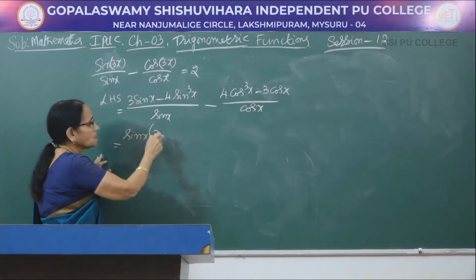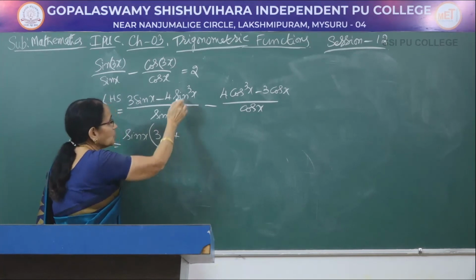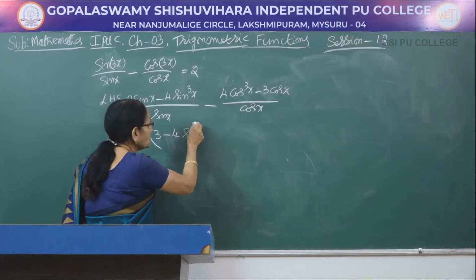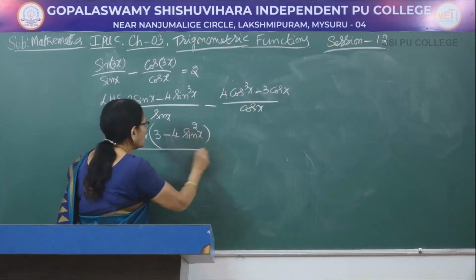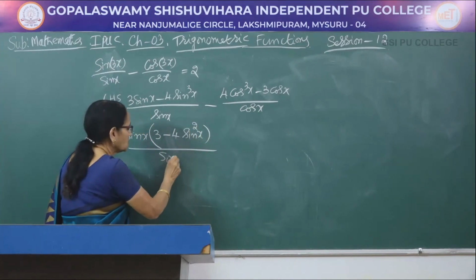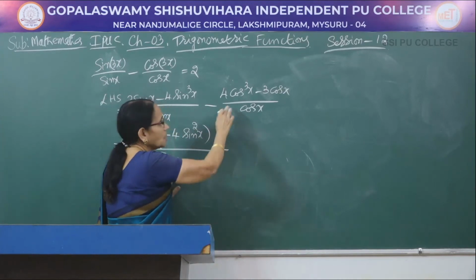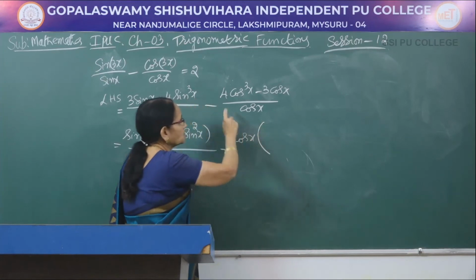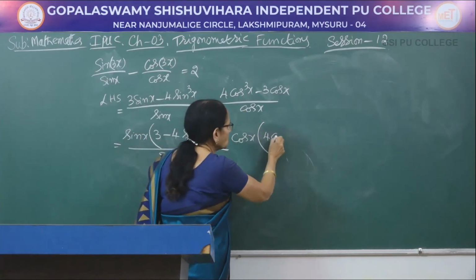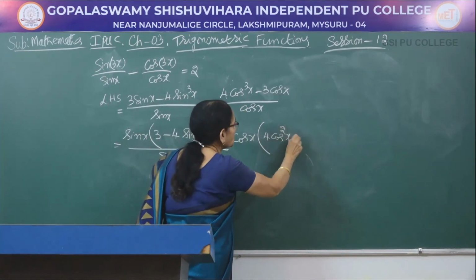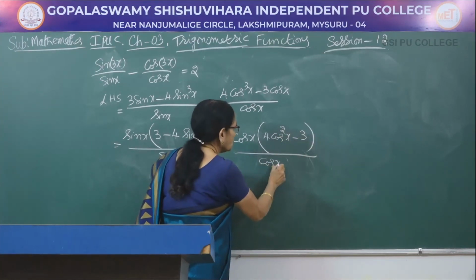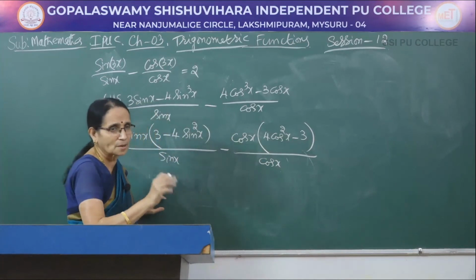What is remaining? 3 is remaining, minus 4 times sin square x, whole thing divided by sin x, minus, again from these two, take common factor cos x. What is remaining? 4 times cos square x minus 3, divided by cos x. So, I am writing the denominator as it is.